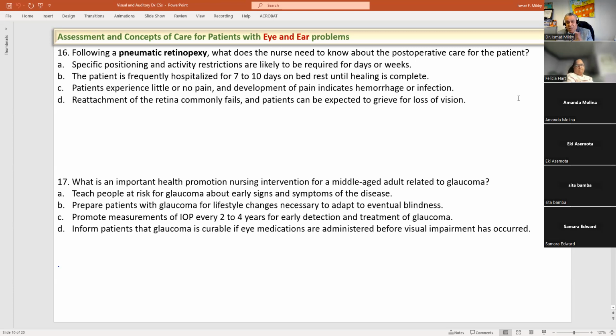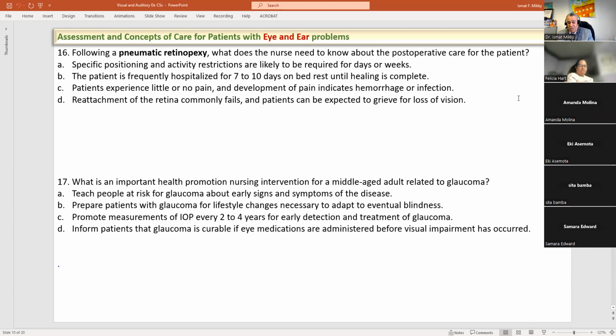It's difficult to explain exactly how that position is, but at least the affected eye will be positioned higher than the unaffected eye, and that will be maintained for 16 hours a day for up to 5 days post-op.